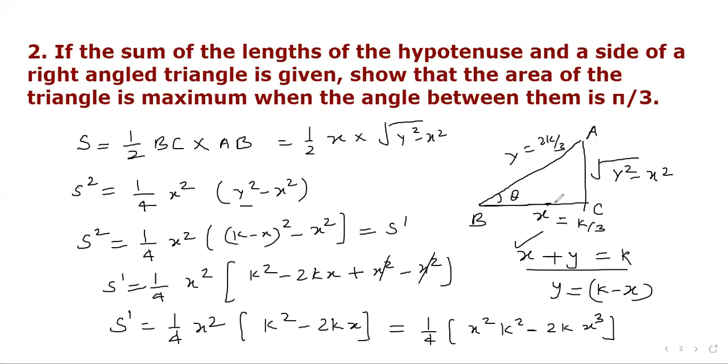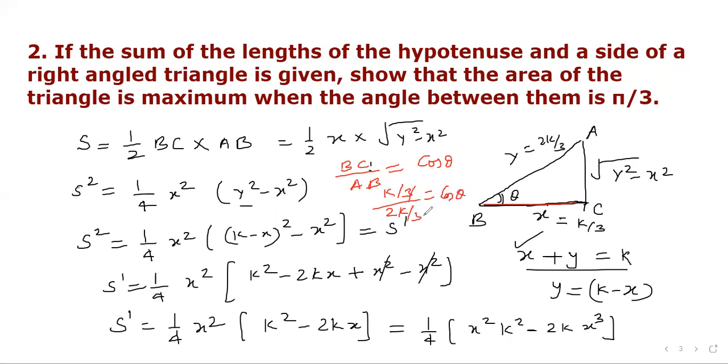If we apply here simple trigonometry, base upon hypotenuse is cos theta. Base here is BC. So BC upon hypotenuse AB equal to cos theta. So BC is equal to k by 3 divided by hypotenuse AB, 2k by 3, equal to cos theta.